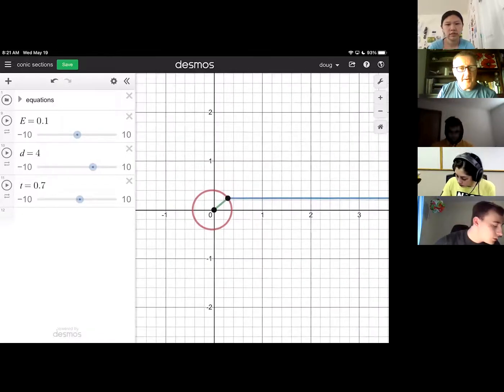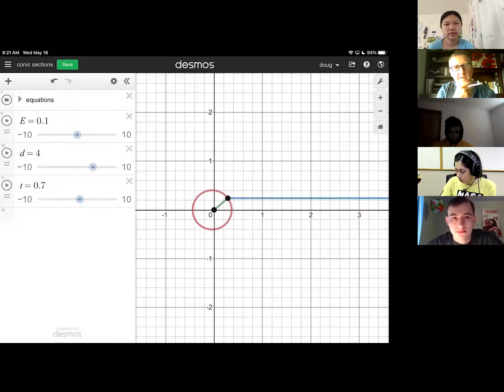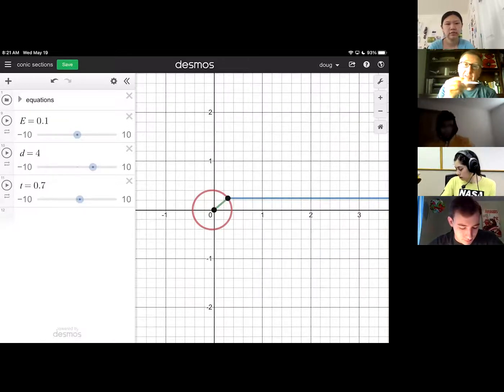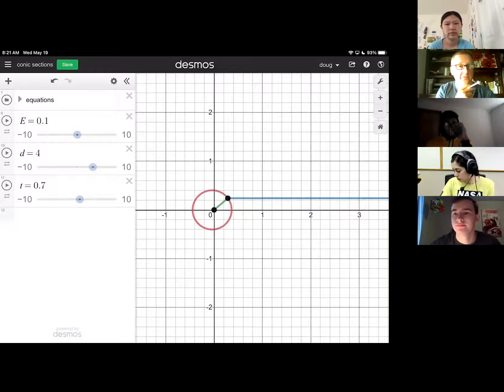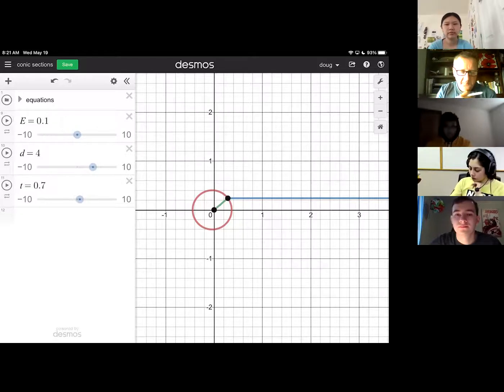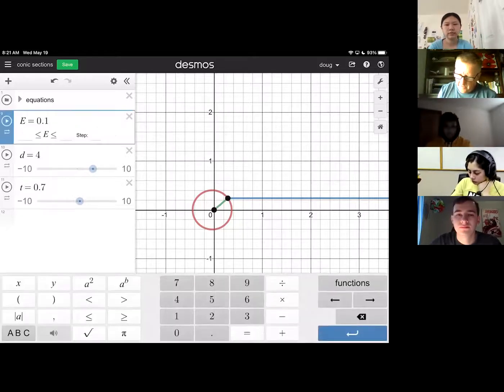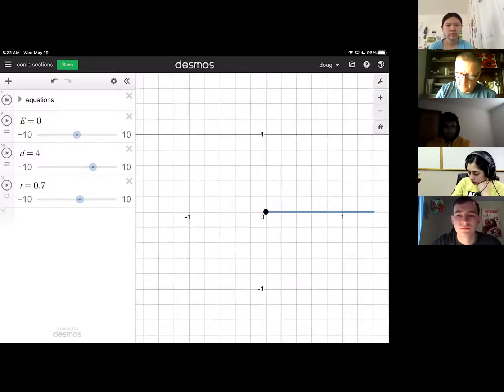Notice if E is any place between, this is in our note sheet, but if E is any place between 0 and 1, it makes an ellipse. But if it's really close to 0, it actually makes a circle. In other words, the blue line is way longer than the green line. It isn't quite a circle yet. It's still an ellipse, but it's close. I think it's going to just not exist if I actually draw it at 0, just because, like, where's the graph?